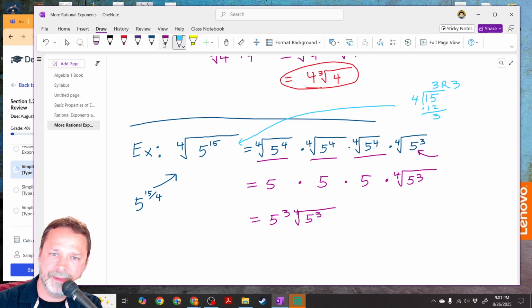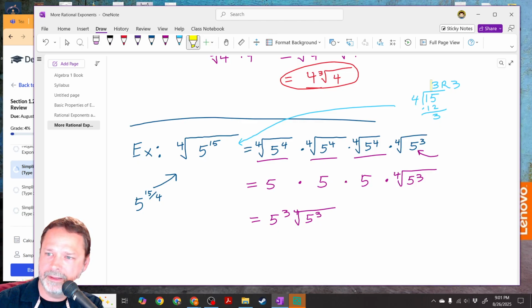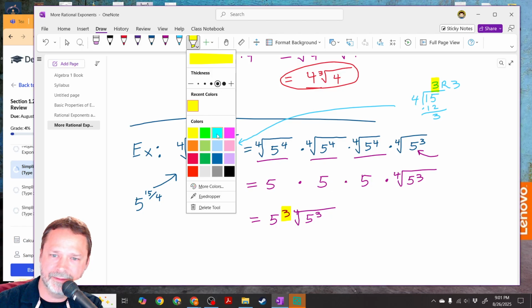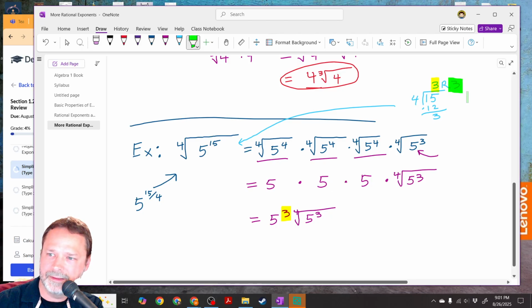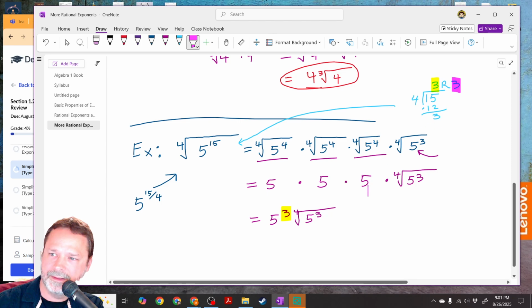So what that tells me is that this 3 is how many 5s I'm going to have on the outside of the root, and this 3 is how many 5s I'm going to have inside the root.